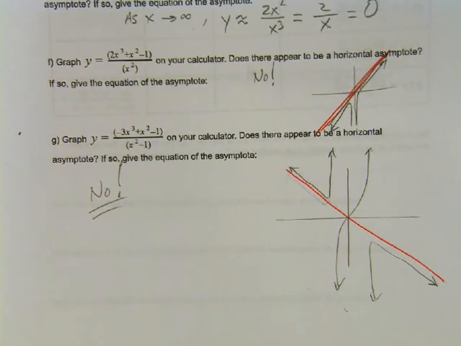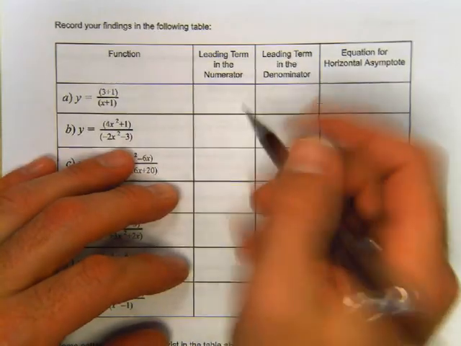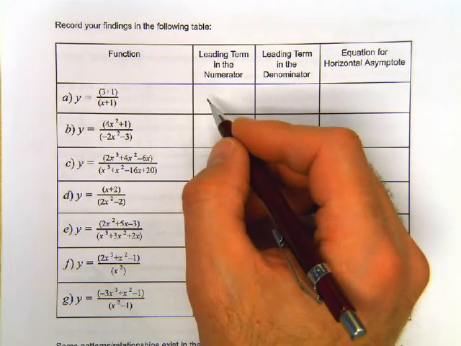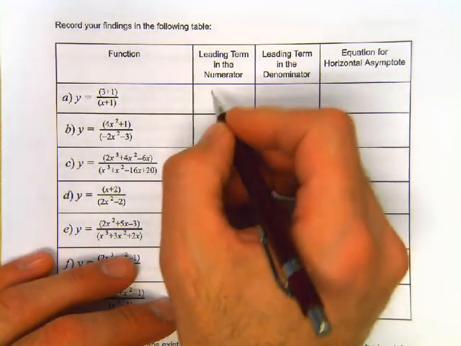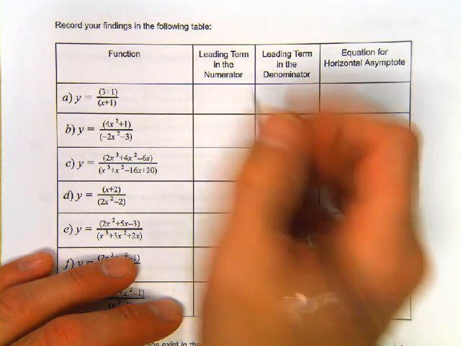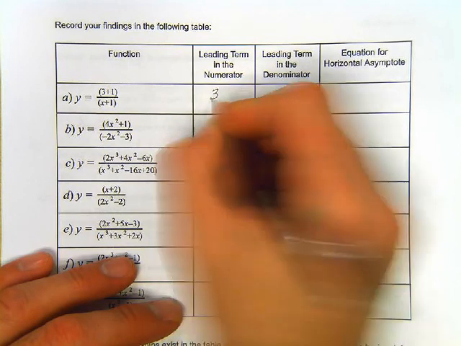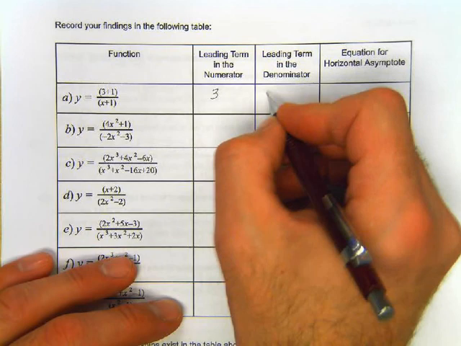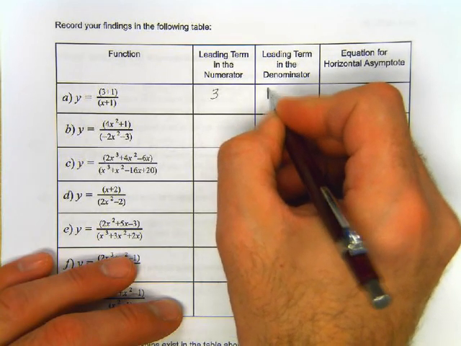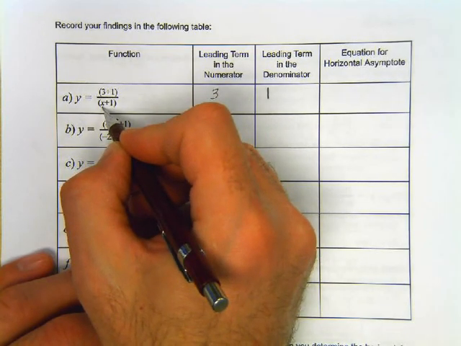All right, what's the leading term in the numerator? It's 3. And the leading term in the denominator is 1. So 3... Oh, you know what? There's a mistake here. This is supposed to be 3x plus 1. Got to fix that, please.